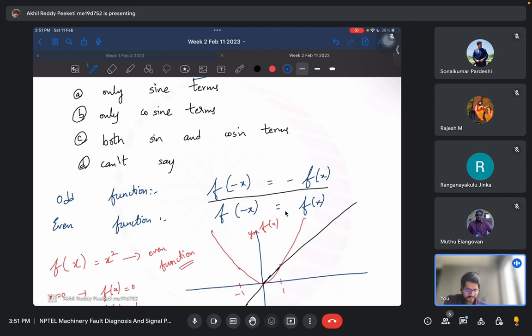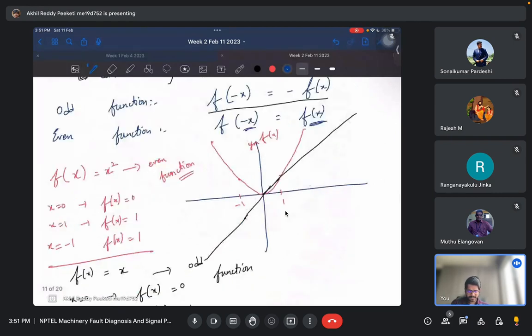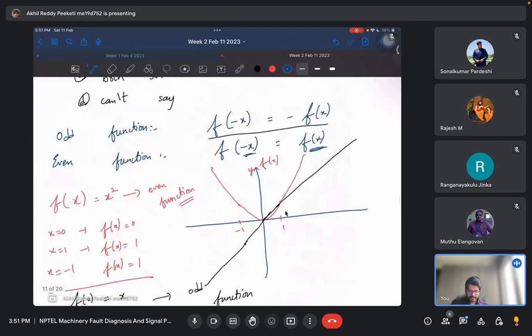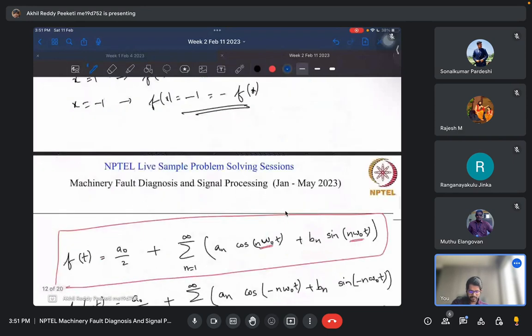And if it's an even function, x being negative doesn't change the results. So in odd, f of minus x is minus f of x, and in even, f of minus x is f of x.